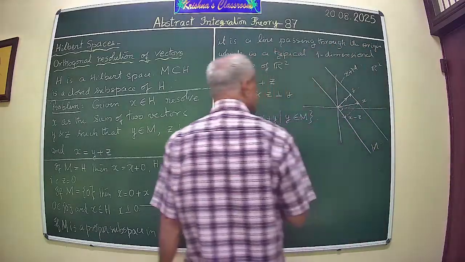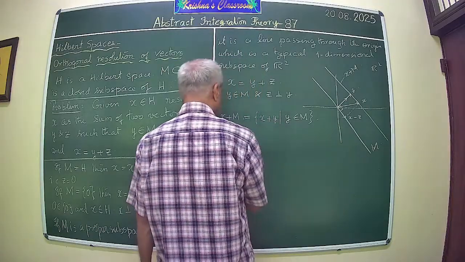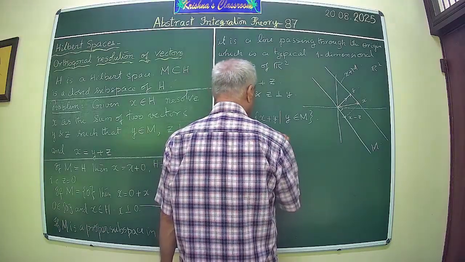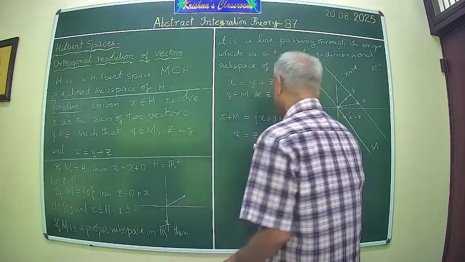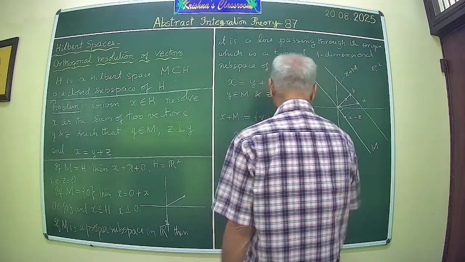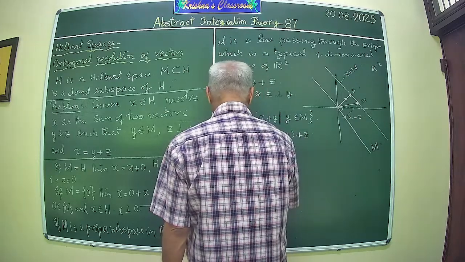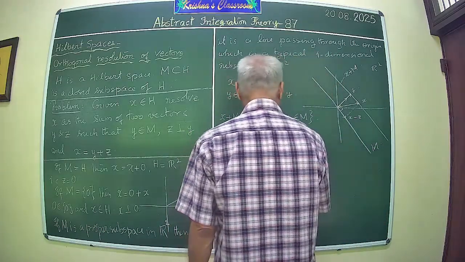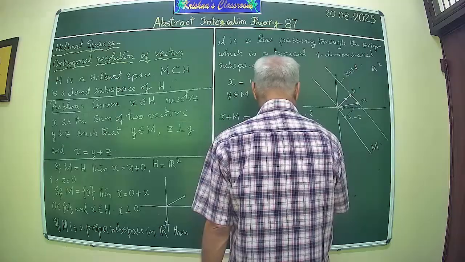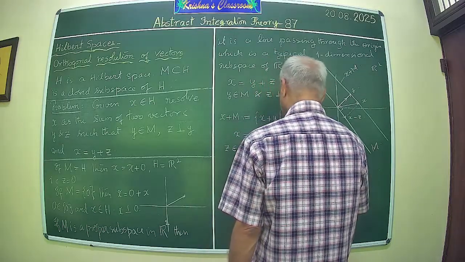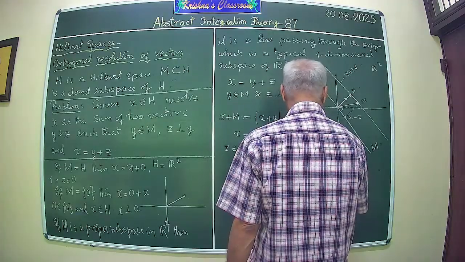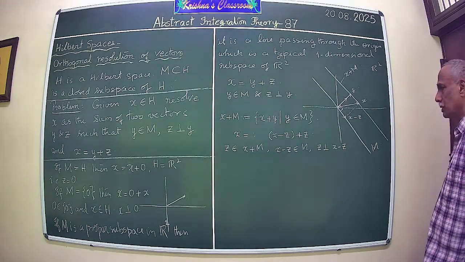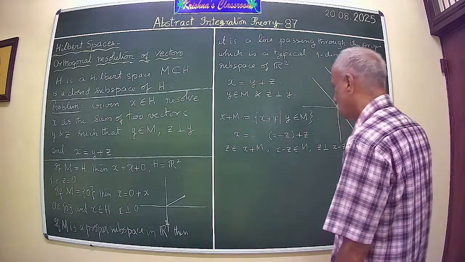So the question is to write x as x minus z plus z, so that z belongs to x plus M and x minus z belongs to M, with z orthogonal to x minus z.